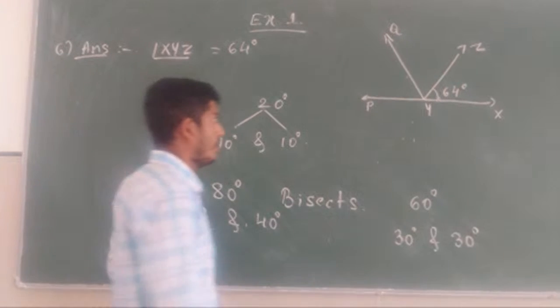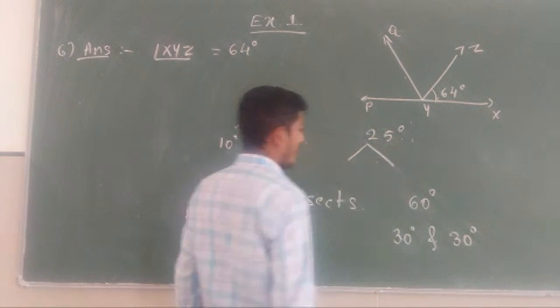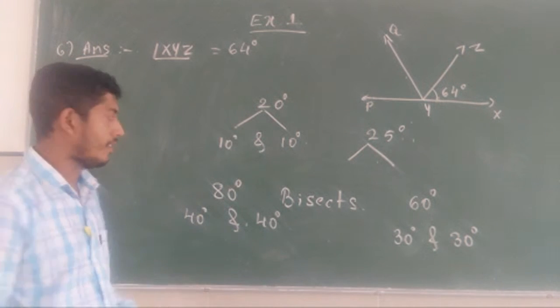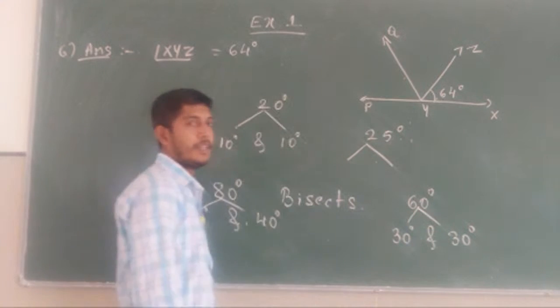Now, one angle is 25 degree and a ray bisects that angle, then what are the two angles produced by it? Comment me the answer first.